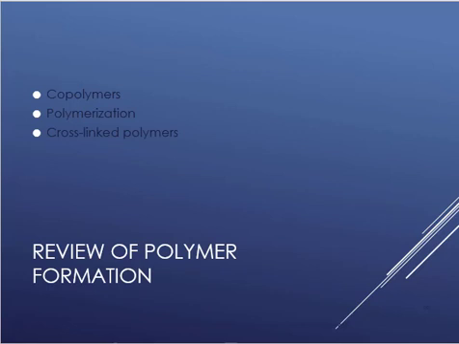So what polymers are: they are large, long chain molecules, and they're formed by chemically joining two smaller molecules together. Those smaller molecules are called monomers. When two or more different types of monomers join together, the polymer that's formed is called a copolymer.